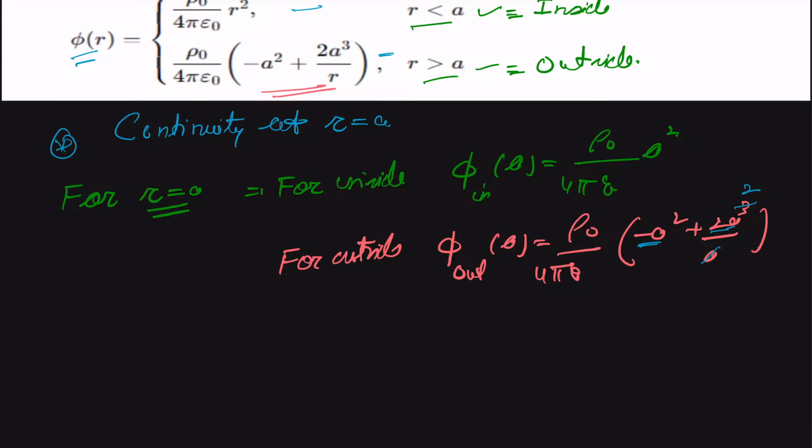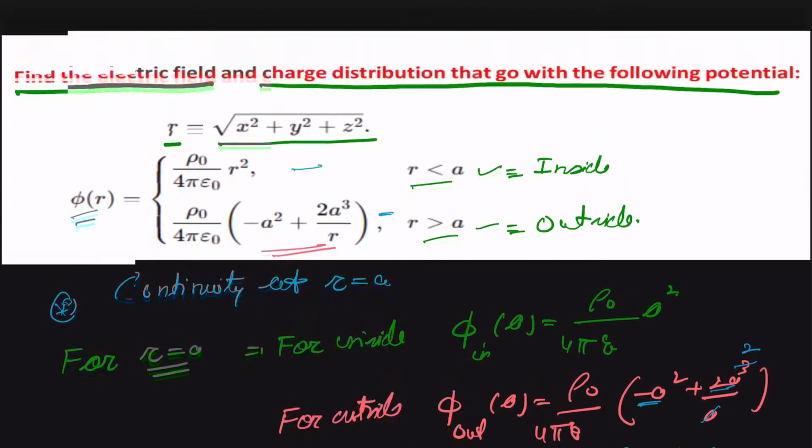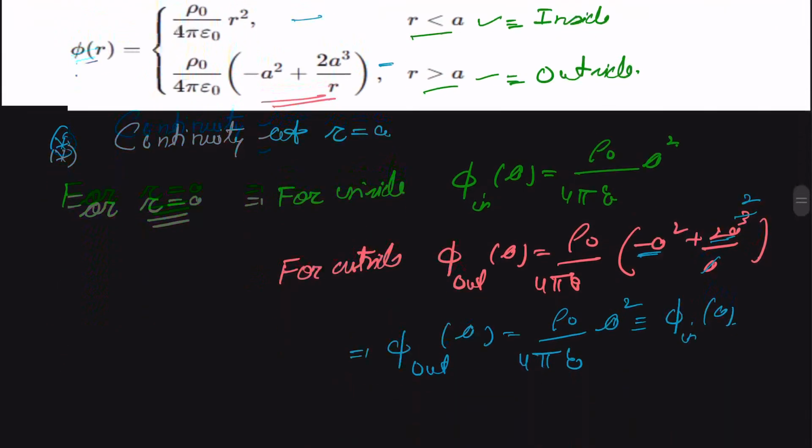That will give us a square. Therefore from here we can say that our potential outside is equal to rho naught over 4 pi epsilon naught times a square, and this is nothing but our potential inside. So it means there is a continuity between the potential inside and outside.